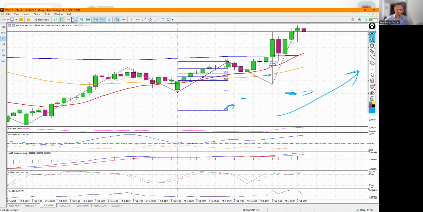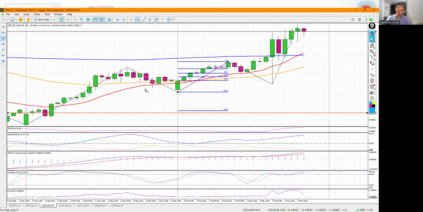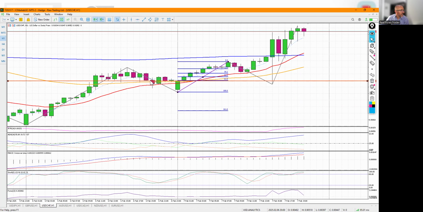And let's observe if this is a Fibonacci level. So trace our line here. Okay. Yes. Very similar to the previous case, but now in an uptrend.